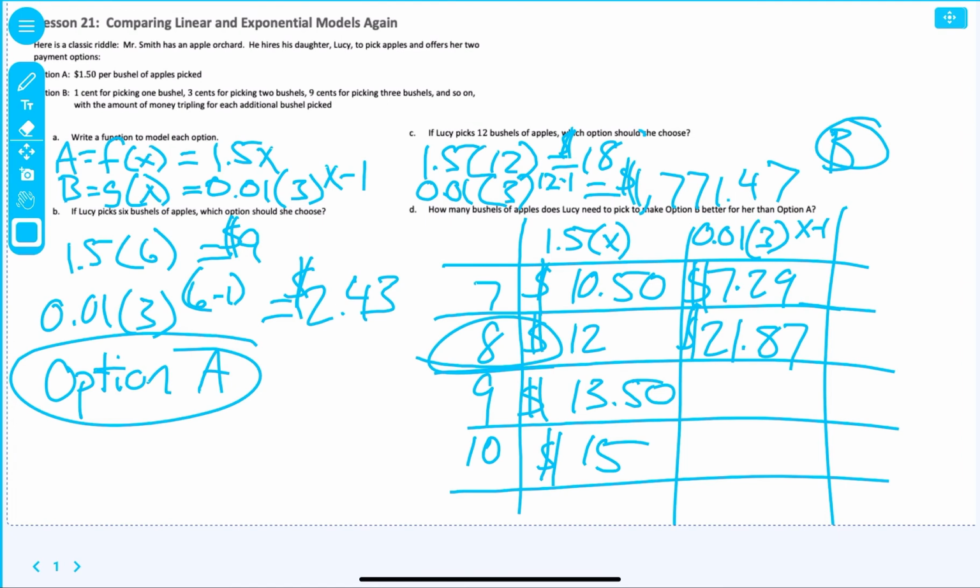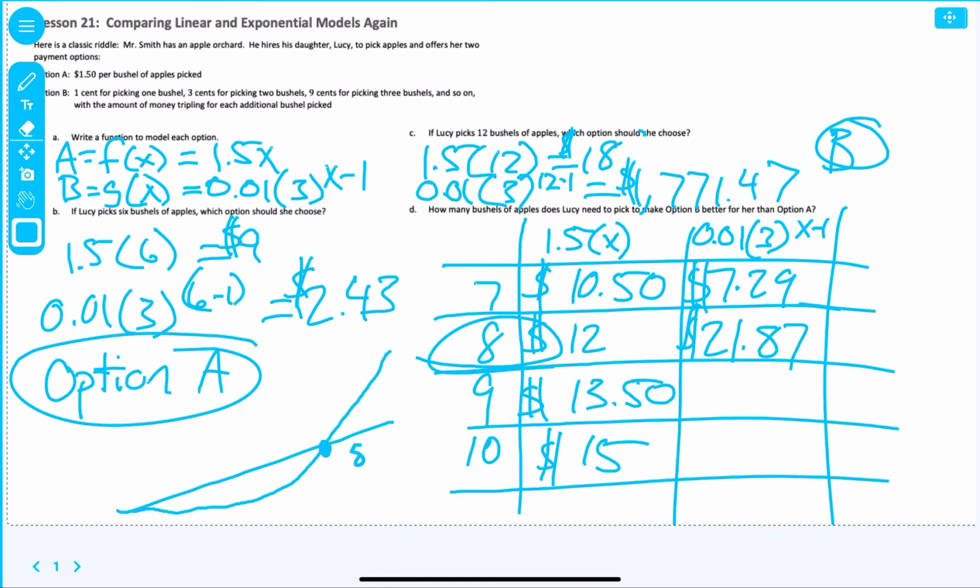Now, why? We knew this was going to happen, right? Why did we know this was going to happen? It's exponential as opposed to linear. Remember, it may start out better with the linear, but it will catch up with the exponential.